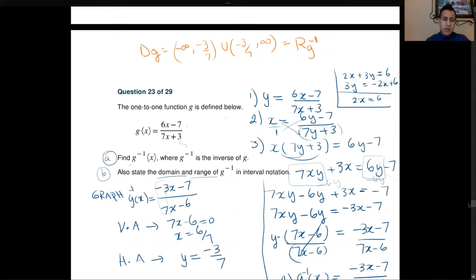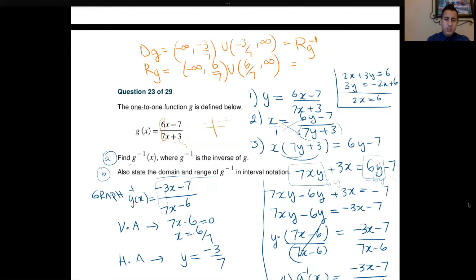All right. Now let's look at this function. If you graph it, it also has this 6/7, which is also the same thing: if you do 6/7 here, it's that disconnect. So the range of the function, if you're trying to graph it, is the same as the domain of the inverse.